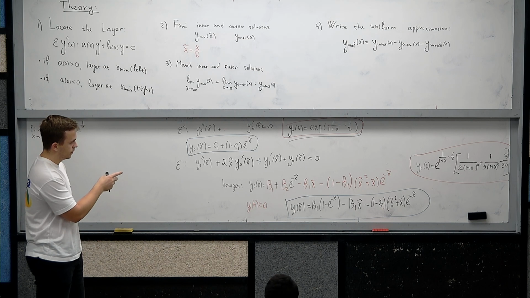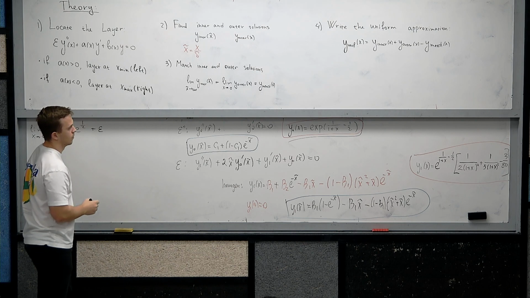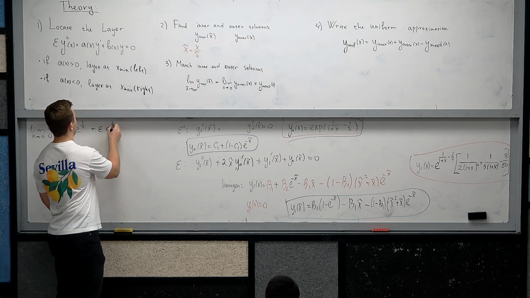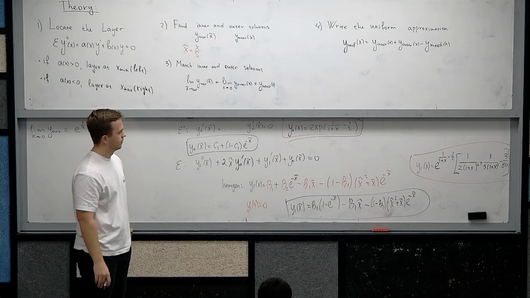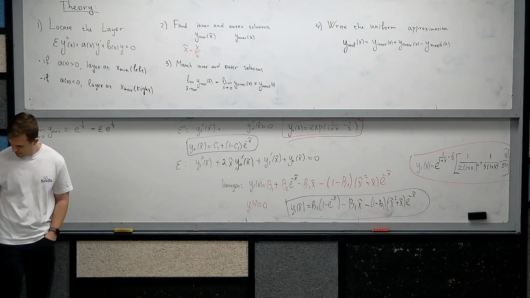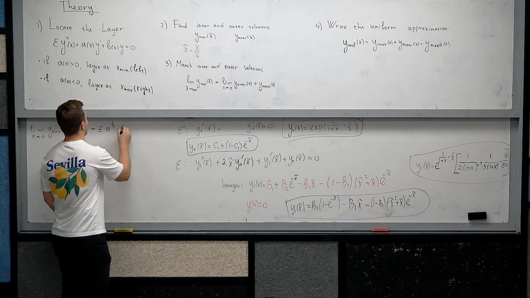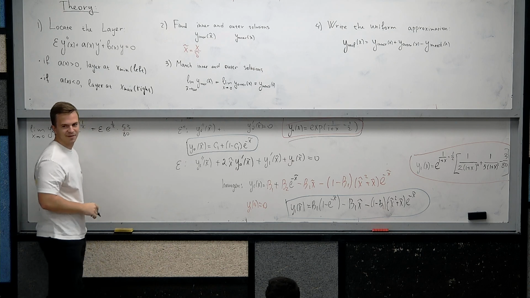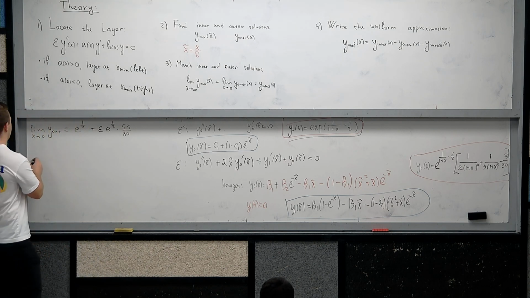And for the next order, e to the 1/2 times some constant. Too lazy to calculate. I mean, it's 53 over 80. Okay. So this is for outer solution, and then for inner solution.